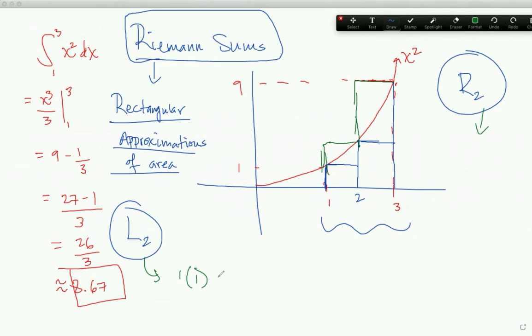Yep. And then 1 times, what's the height at 3? 6? The height at 3 or the height at 2 for this second rectangle in blue? Oh yeah, the height at 2. No worries. That'd be 4. Exactly. Beautiful. 2 squared or 4. Got it. So if we calculate this, that turns out to be 5. Okay. Got it. Now, what about for R2?